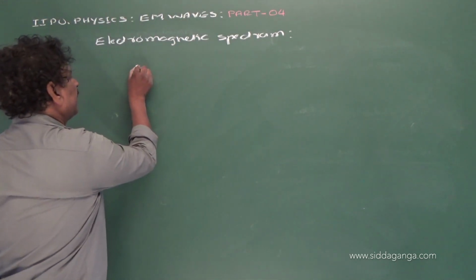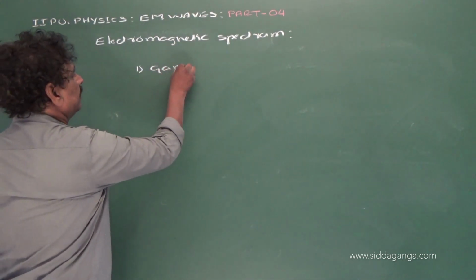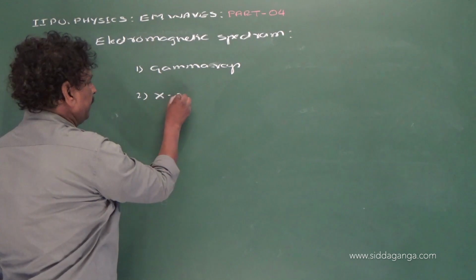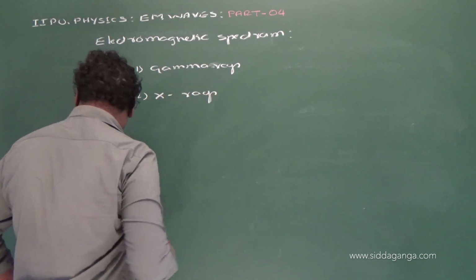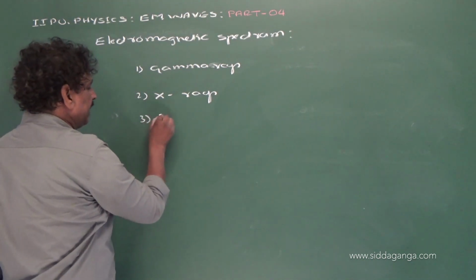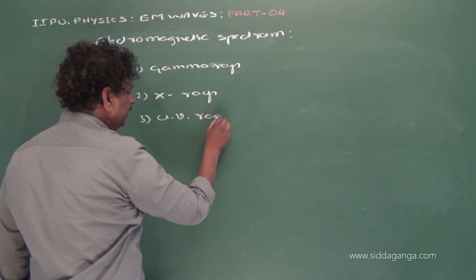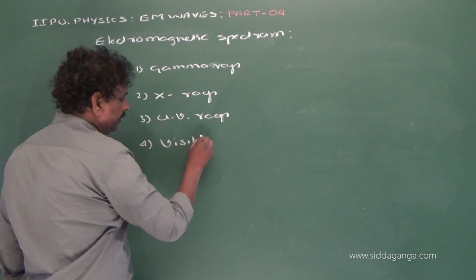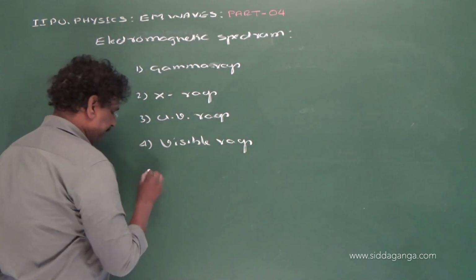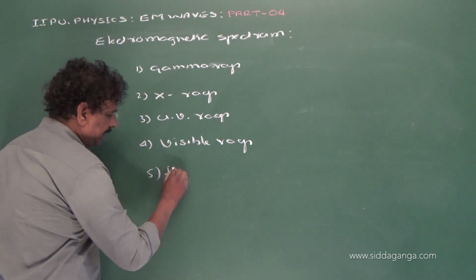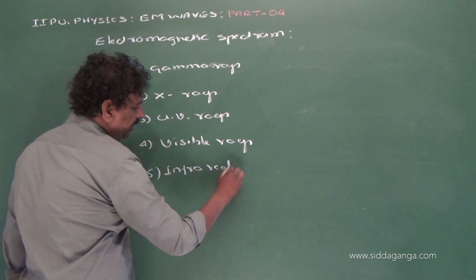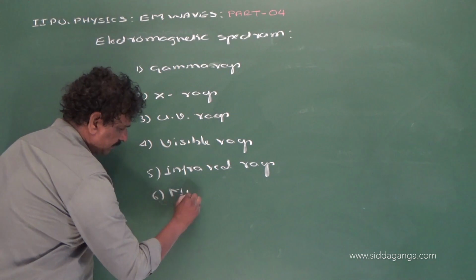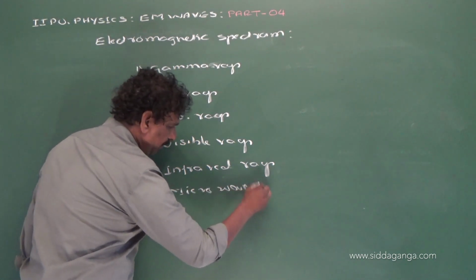First one we have gamma rays, number 2, X-rays, number 3, ultraviolet rays, number 4, visible rays, number 5, infrared rays, number 6, microwaves.